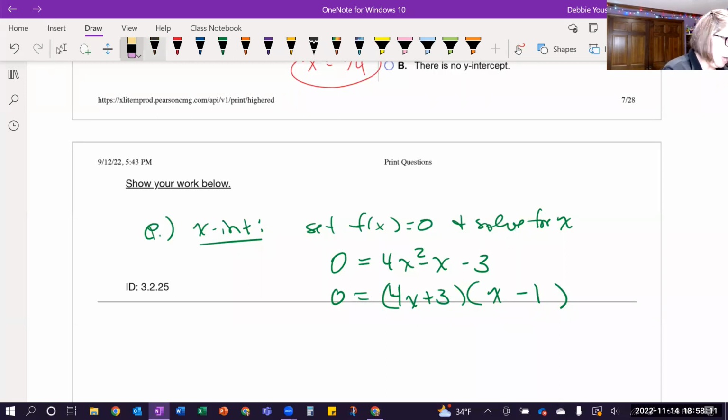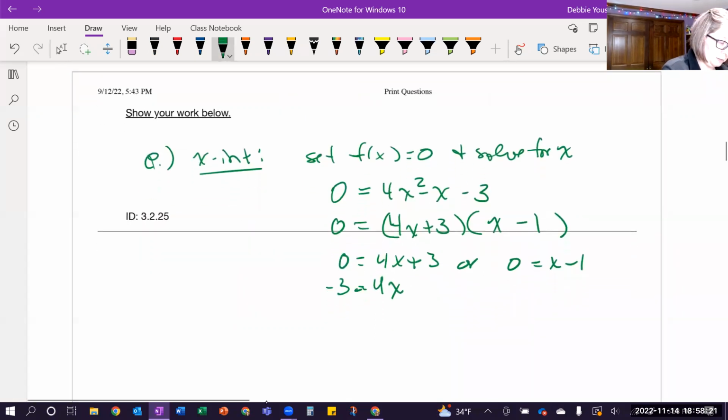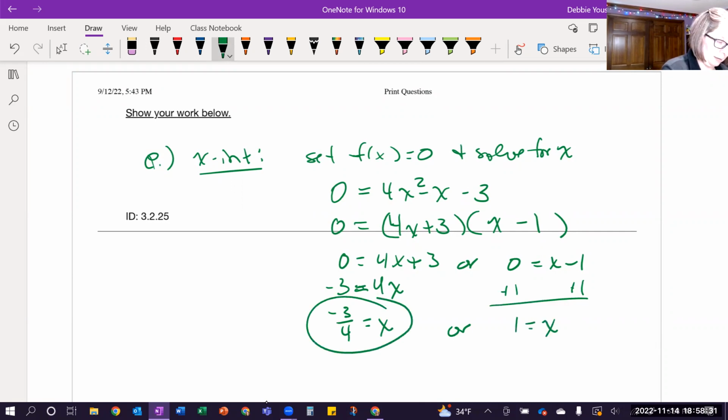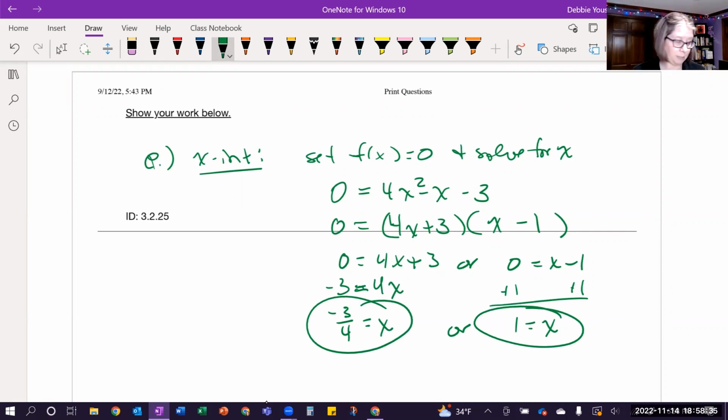So now I can set each of those equal to 0 and be on my way with these linear terms to get my 2 x solutions. Add 1. And so I get 1 equals x. So it looks like I have these two solutions for x. And so the question was, what are the x-intercepts? I have two of them, 1 and negative 3/4.